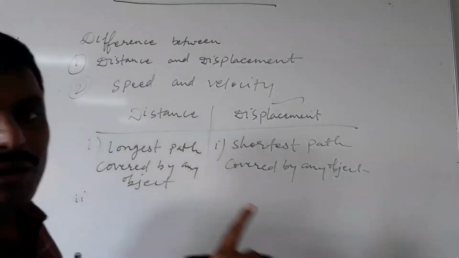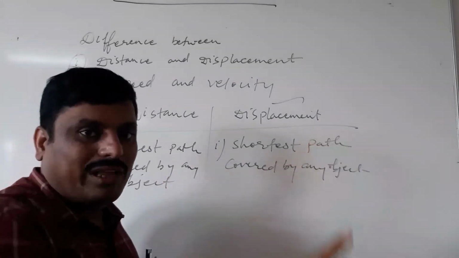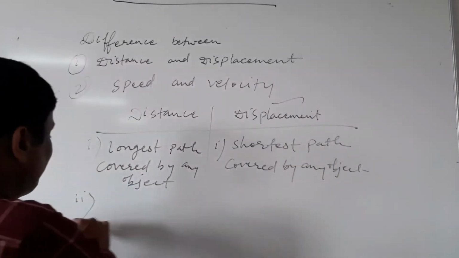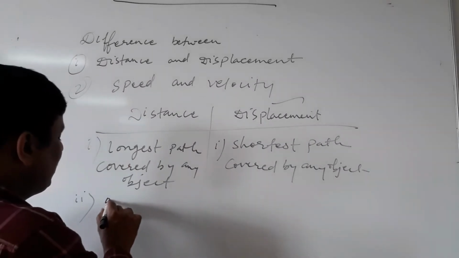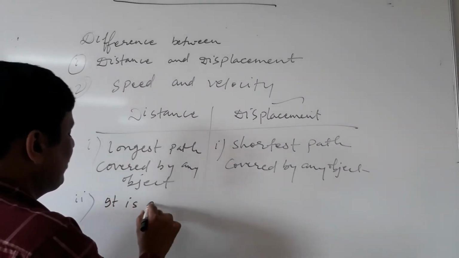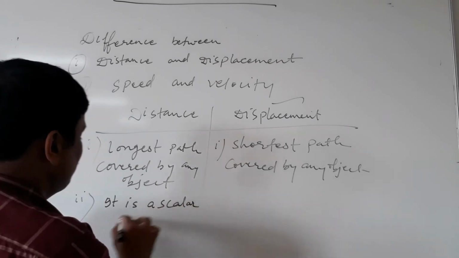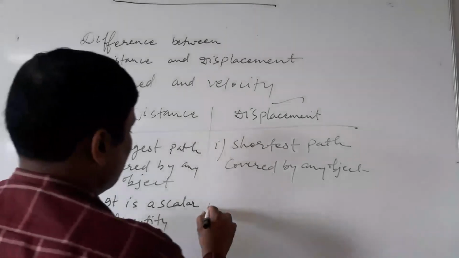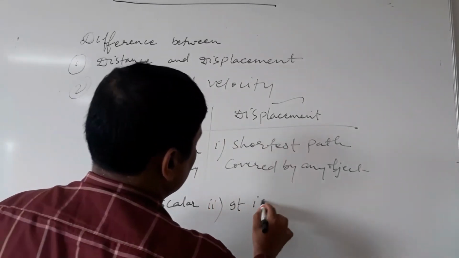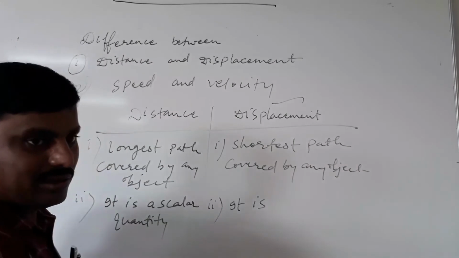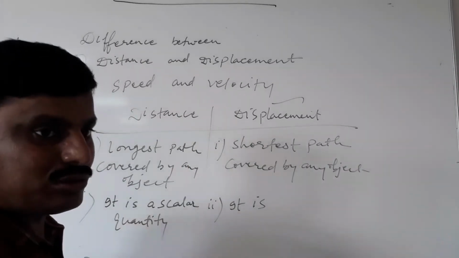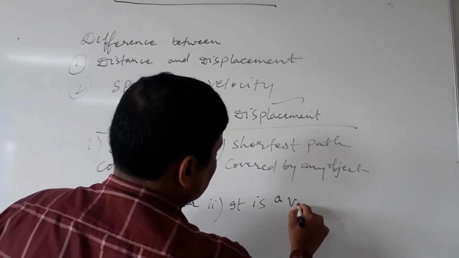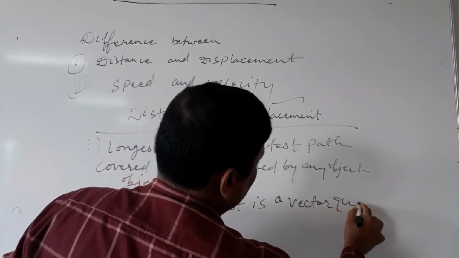Because of the longest path, there is no particular path the body covers, so distance is a scalar quantity. Displacement is a vector quantity because it is a particular, shortest path, which means there is direction.